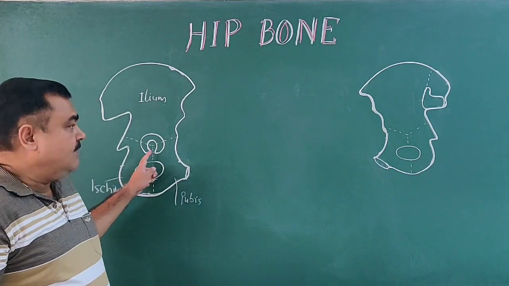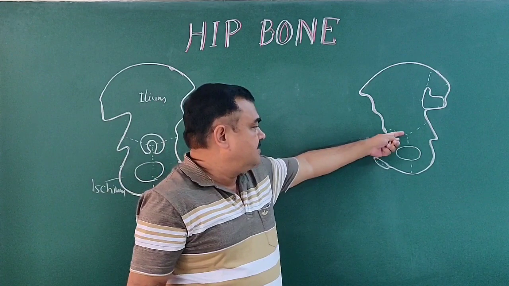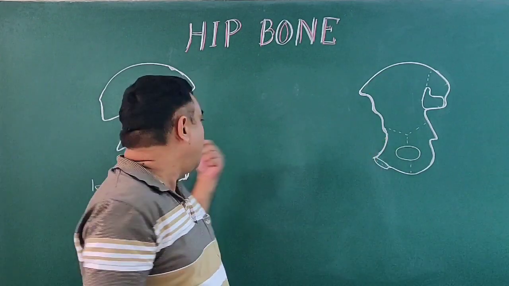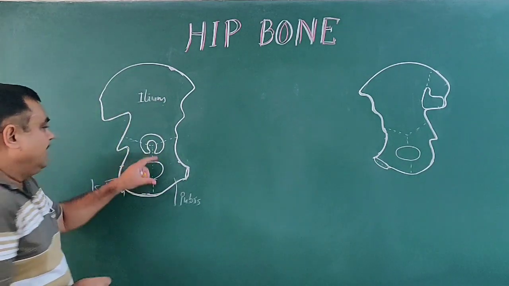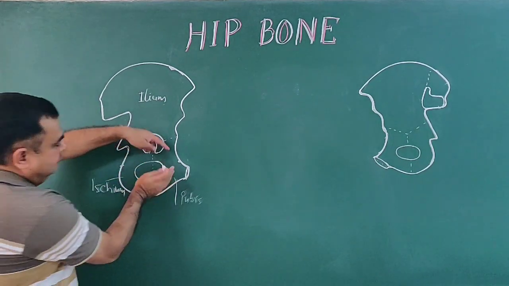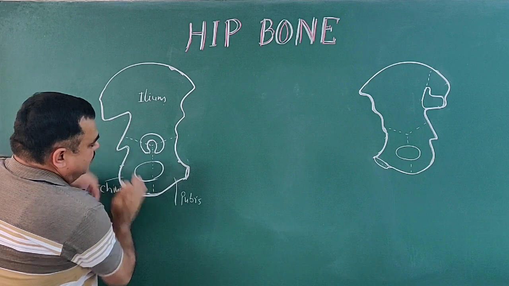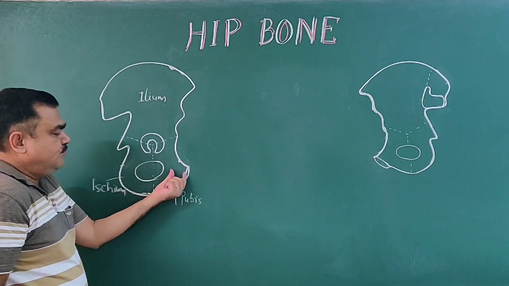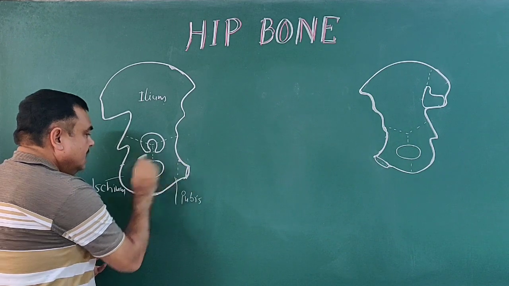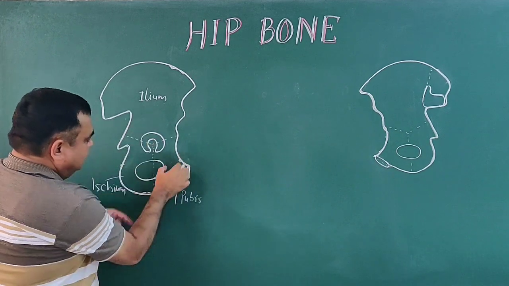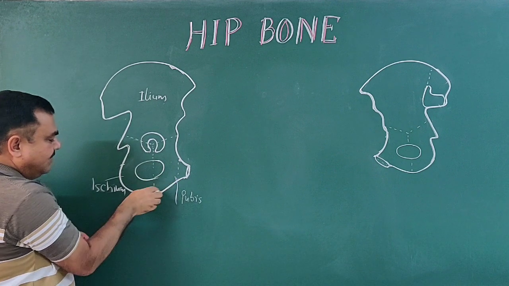So this is the lateral view. Here is the medial view, the inner and outer aspect of the hip bone. This pubic bone has a body and two rami.